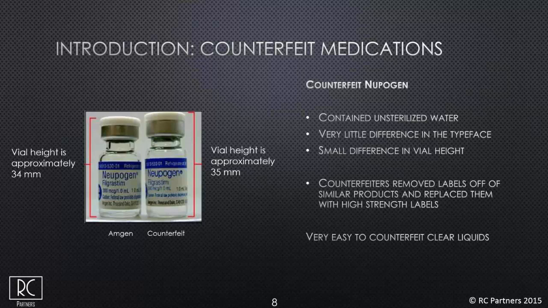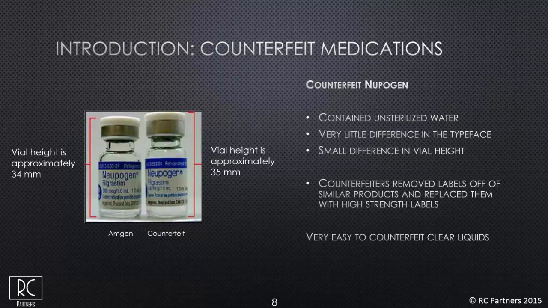There were some instances back when this started where counterfeiters were also using legitimate products. They were purchasing low-strength product that may be worth maybe $400 per vial, sweating off the labels and replacing those labels with higher doses that were worth $4,000 a vial, and selling them and getting them into the legitimate supply chain.